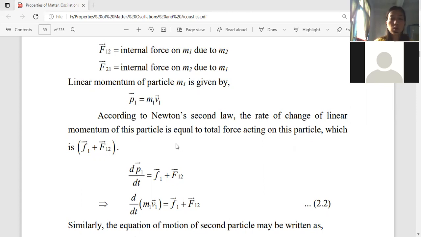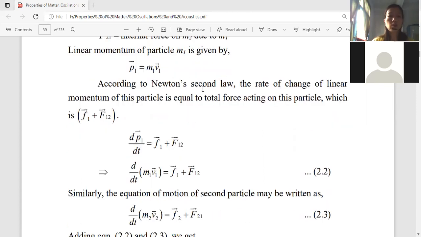We have come across Newton's second law of motion in our earlier classes. It is F equals dp by dt, the rate of change of momentum with respect to time. So this is the second law of Newton.